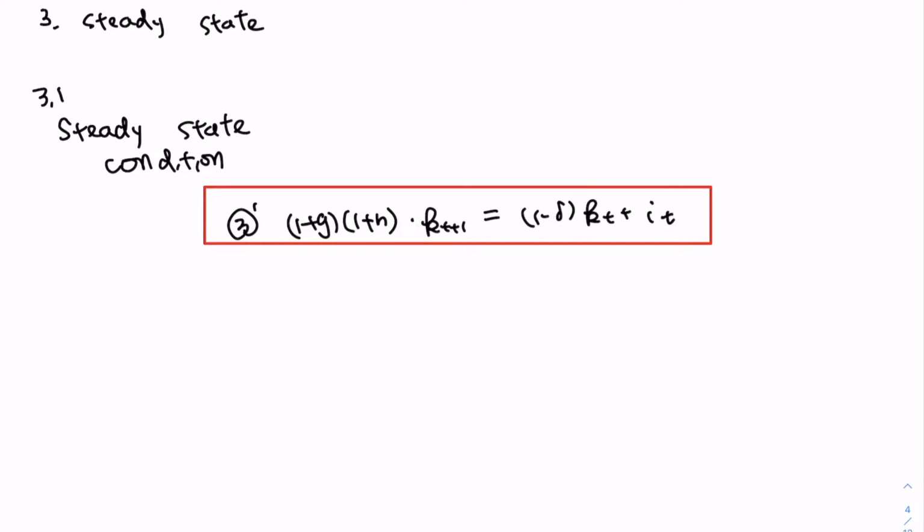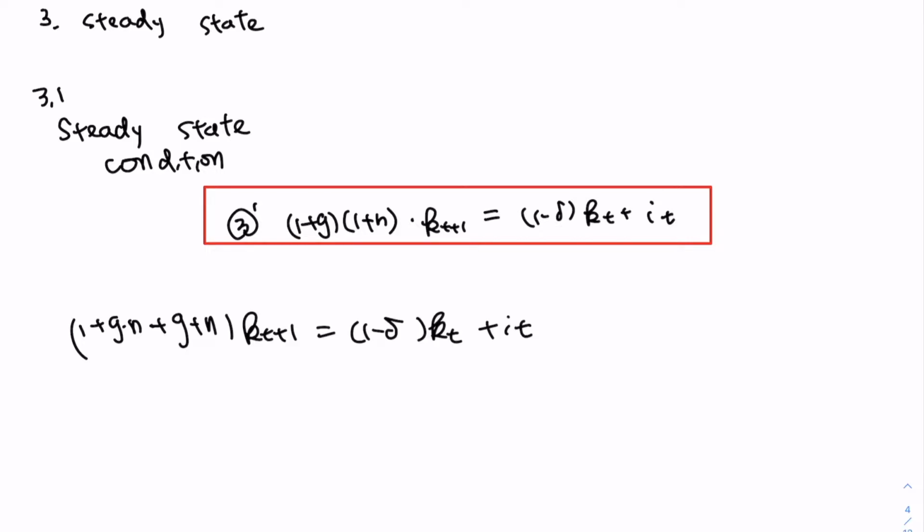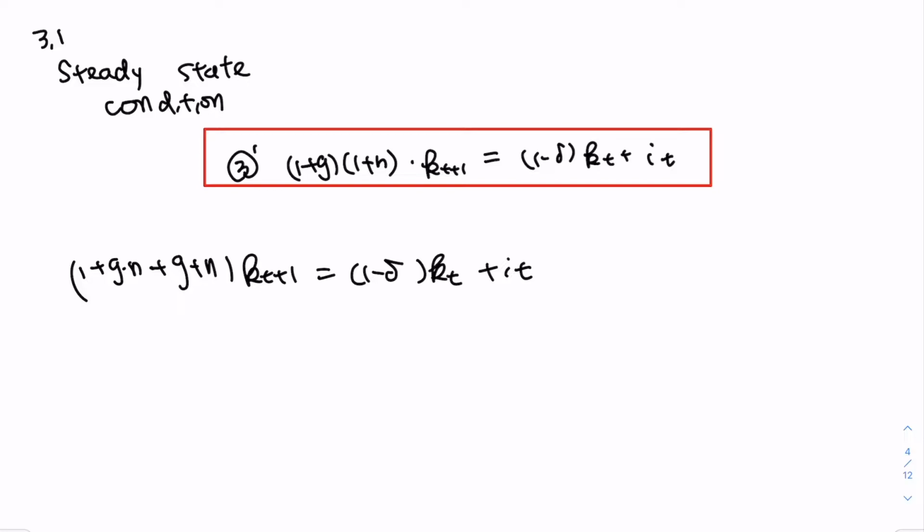It turns out that we can write out explicitly the multiplication of 1 plus g and 1 plus n, and then we are going to have 1 plus g·n plus g plus n in front of the k_{t+1}. If the economy is in a steady state, we already know that the lowercase k_{t+1} needs to be equal to k_t.